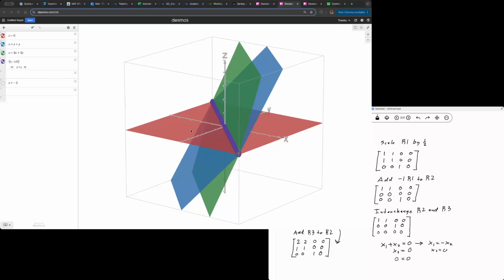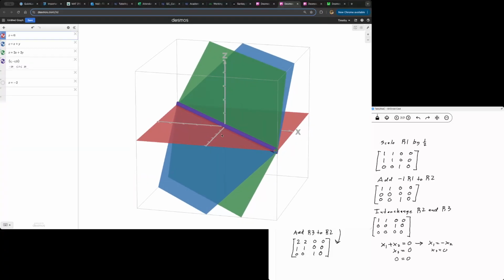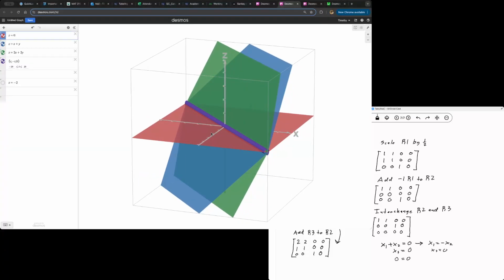And so that line is built from this set of solutions. So I could write this as x1 is just negative x2, x2 is x2, x3 is 0. Or if I don't want to use the name x2, I could write this as negative t, t, 0. Or instead of t, I could use negative t and write this as t, negative t, 0, which is what I did when I graphed it.